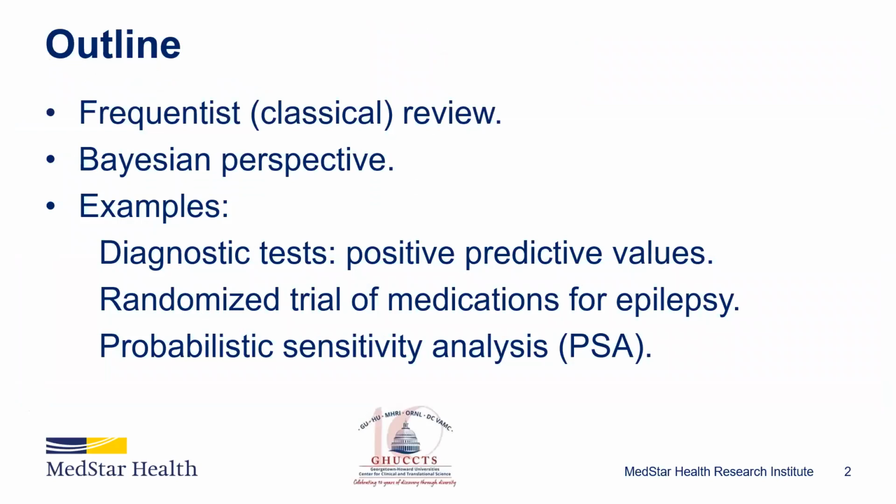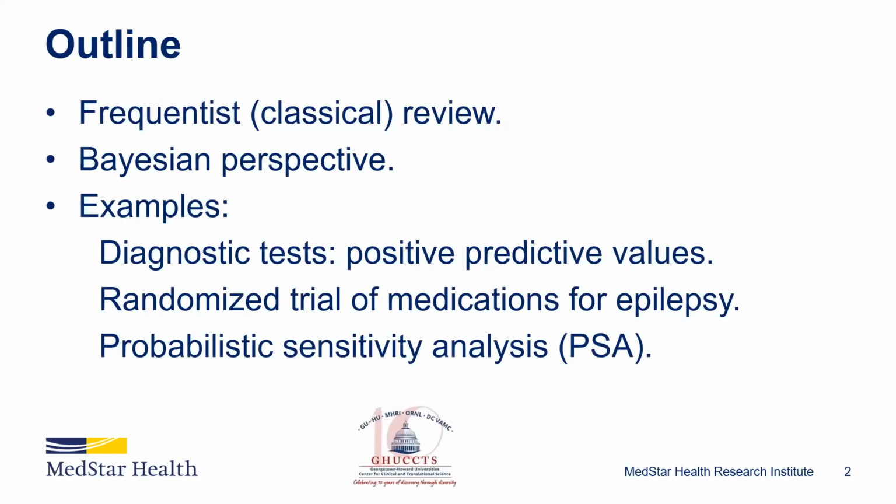So my outline here is I'm going to do a review from the frequentist or the classical perspective, which was the very first session I did back in October, I think it was. Then we will look at the Bayesian perspective.